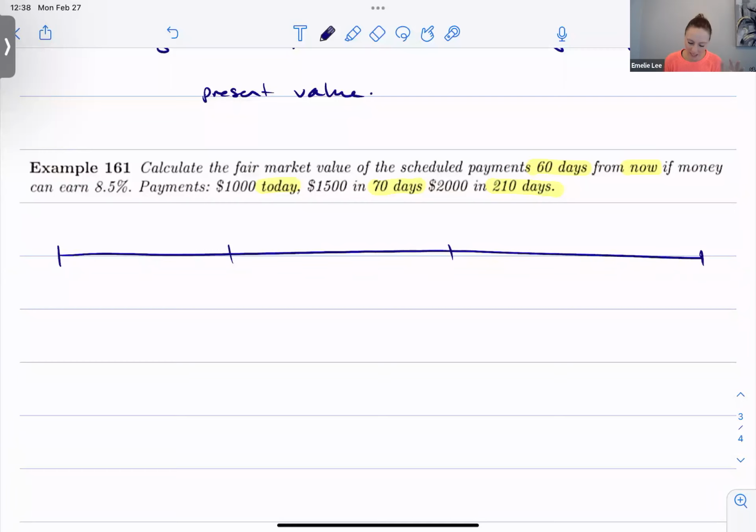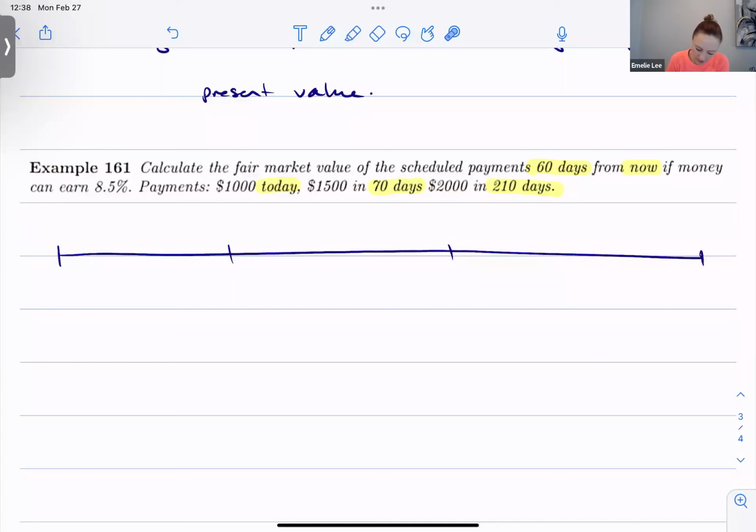Notice that I don't spend any time on the spacing, right? It's just to visualize the problem. Only if it's very obvious would I do that, but usually I just go for even spacing, because then you draw what the amount of time is on the arrow anyways, so I think it doesn't really matter. Okay. So in terms of the ticks, they're all starting from today.